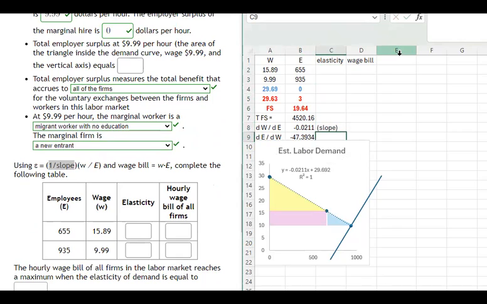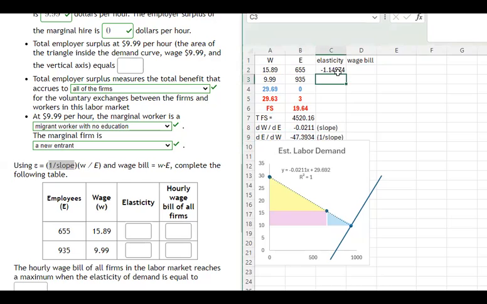In parentheses, I'll put 1 divided by slope. So the elasticity is going to be equal to 1 divided by the equation slope, times the wage at the point on the demand curve, divided by the employment level at that point.